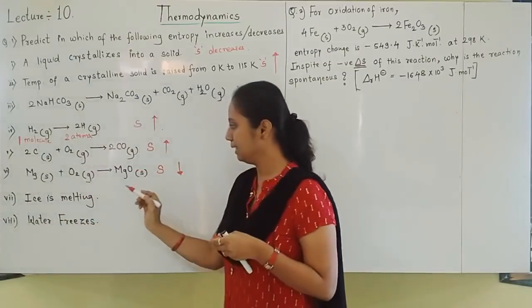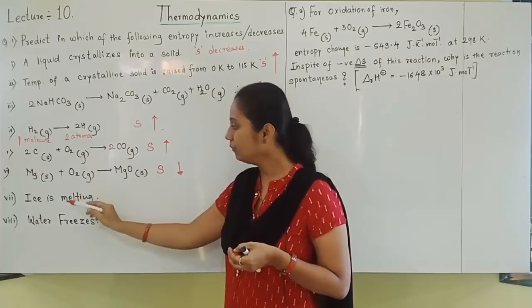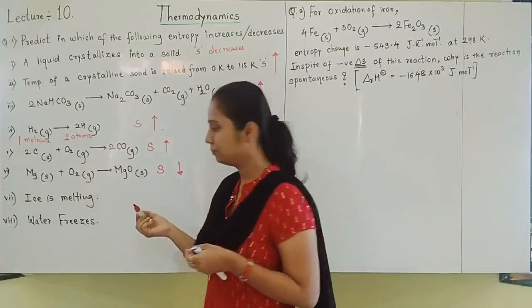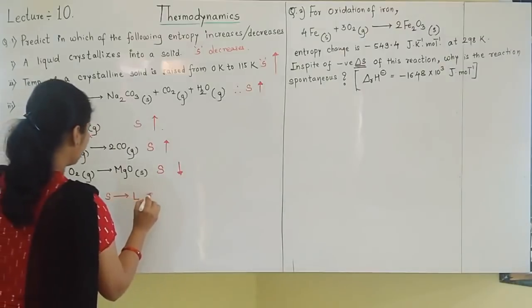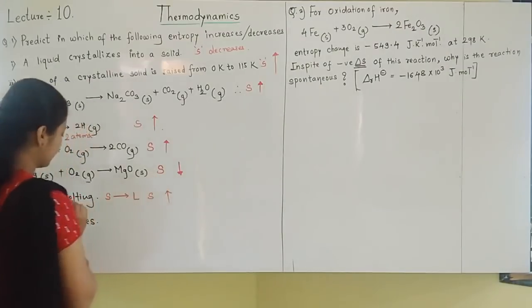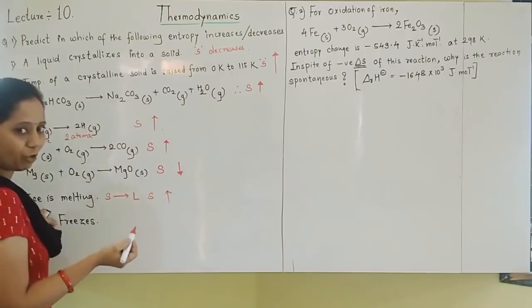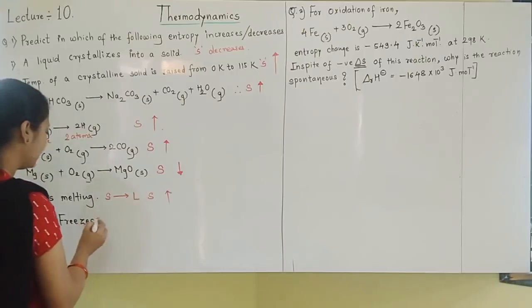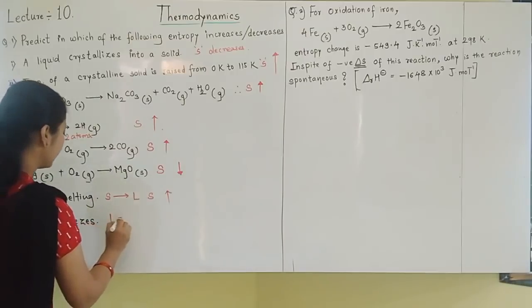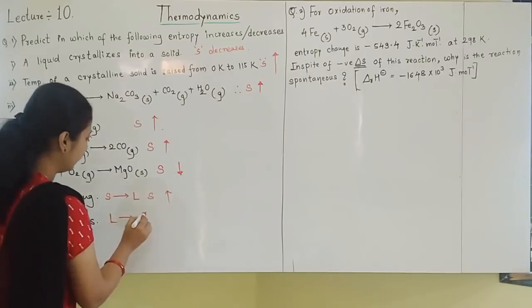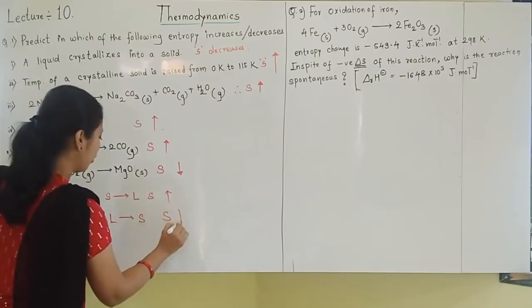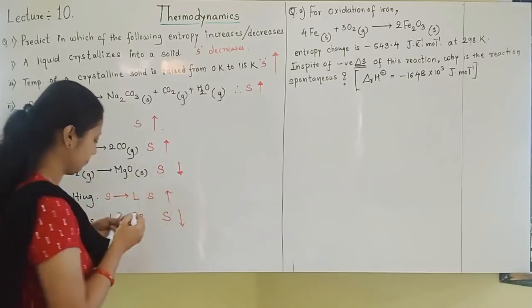Okay. Next. Ice is melting. Solid is getting converted to liquid, so entropy increases. When ice melts, entropy increases. Water is freezing, liquid is getting converted to solid. Water is freezing into ice, so we can say that entropy is decreasing.